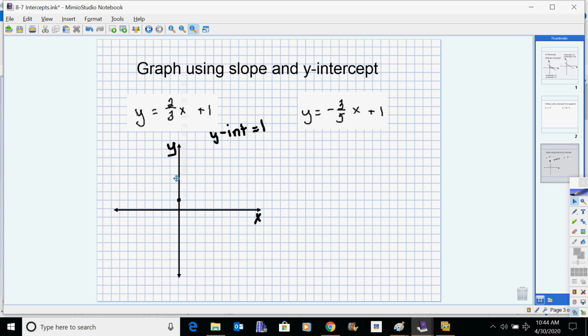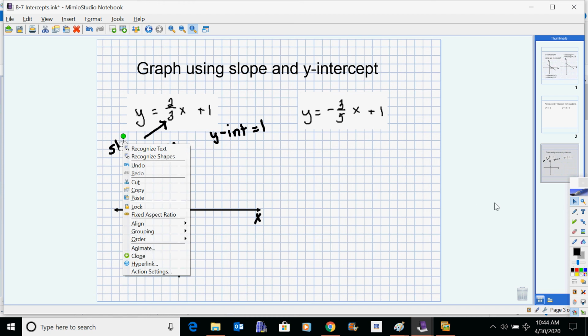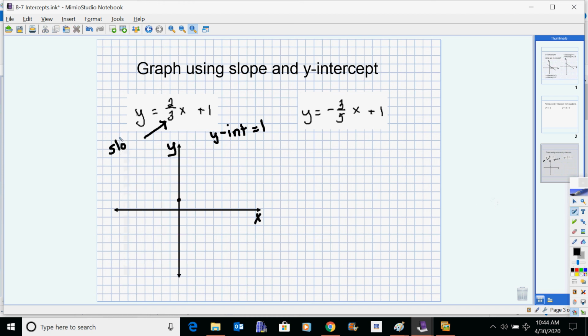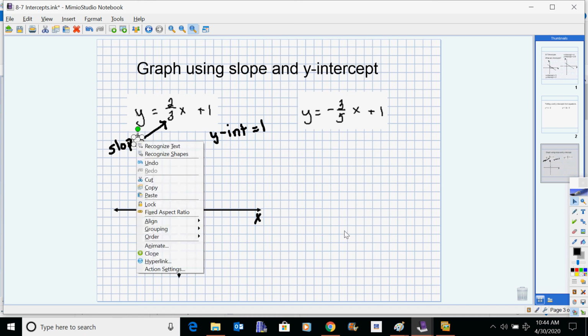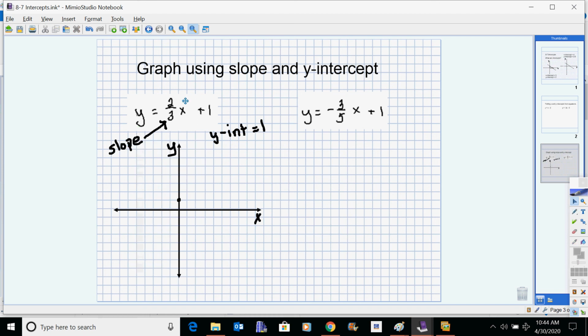Now, the other interesting thing is that the number that's multiplied times the x, this is your slope. I need you to write that down. This is your slope. Super important. So your slope is 2/3. My rise over run is 2/3.